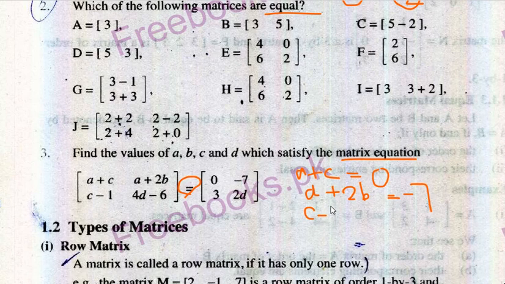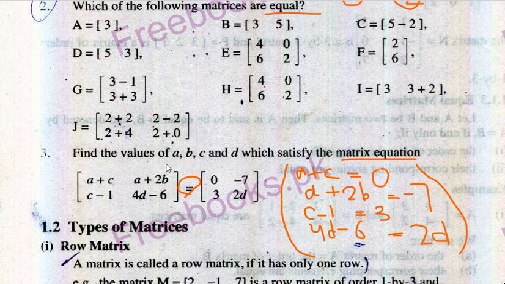C minus 1 equals 3, and 4D minus 6 equals 2D. Now these are 4 equations. You will compare all these equations and find the values of the unknowns, which are A, B, C and D.